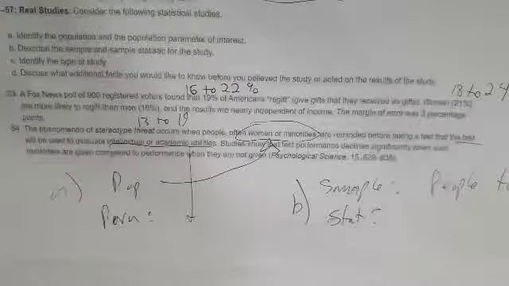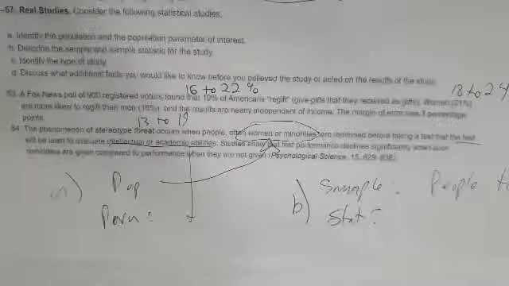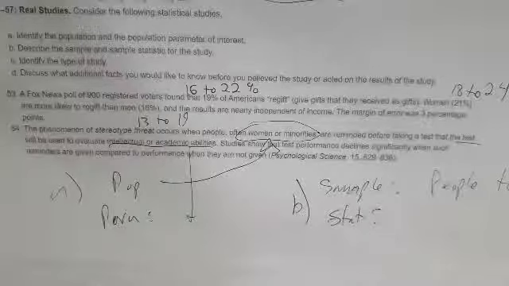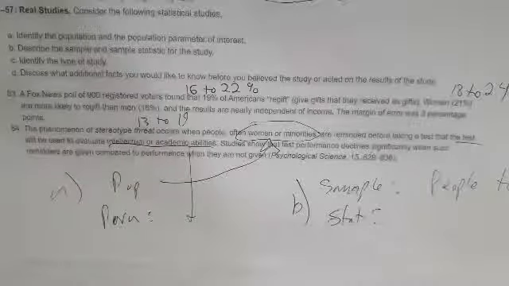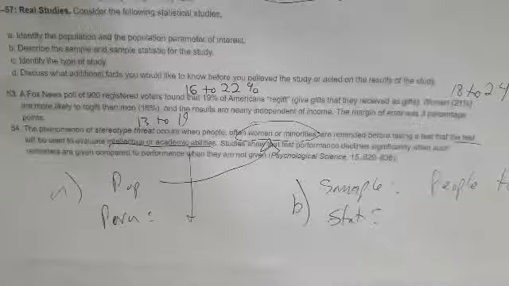Discuss what additional facts you would like to know before you believe the study or acted on the results of the study. So what's something else that might be a factor here? And there's something that kind of pops to mind.